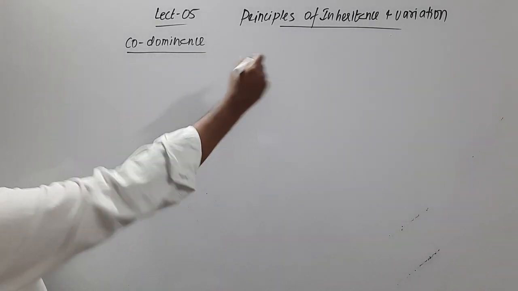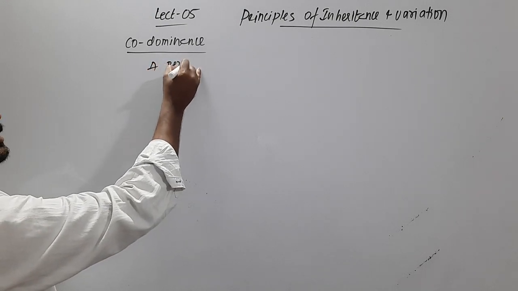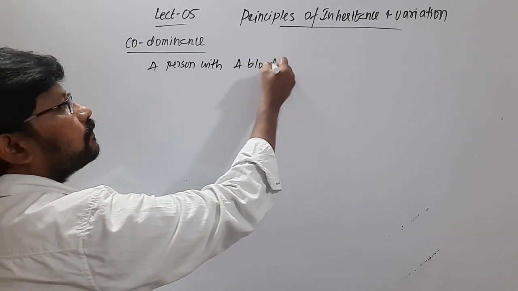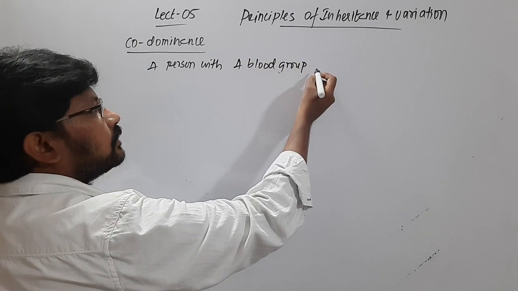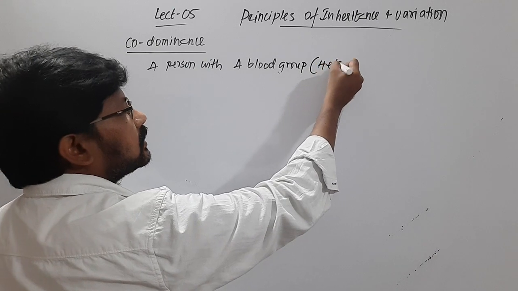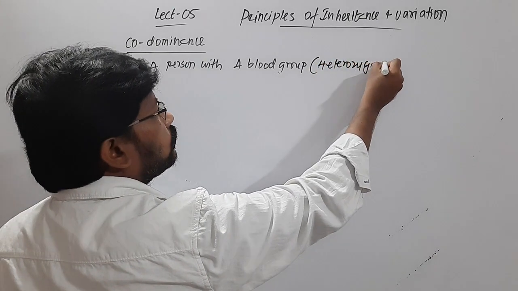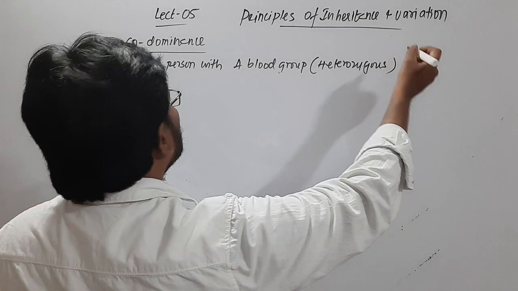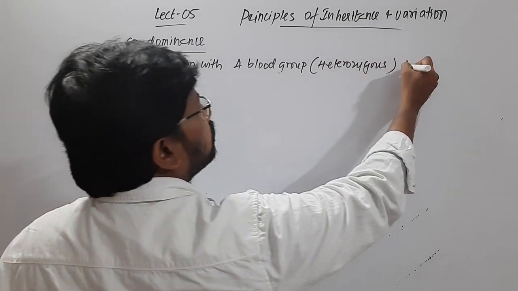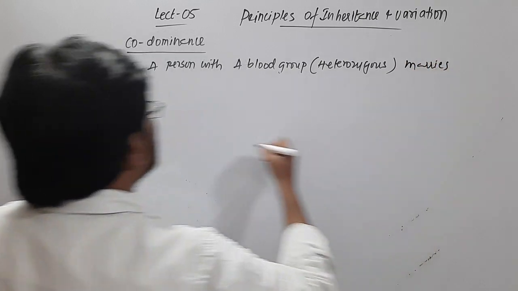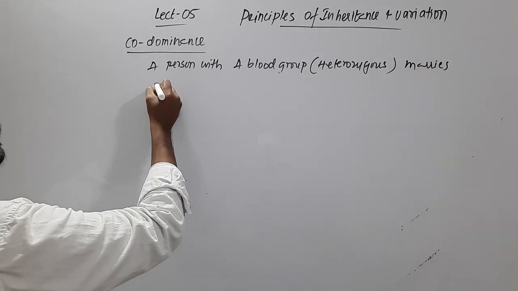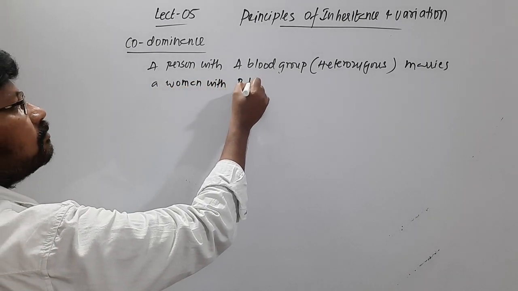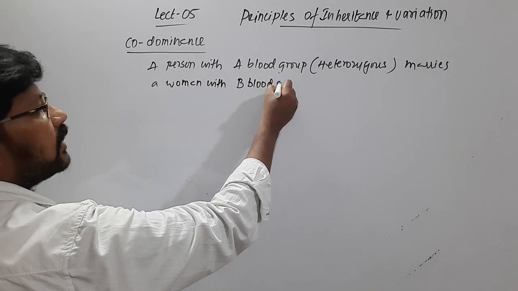Say suppose a person with A blood group, and the person is heterozygous, marries a woman with B blood group.